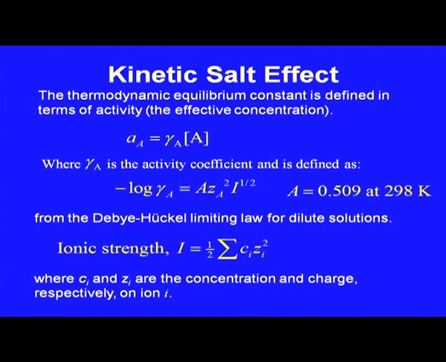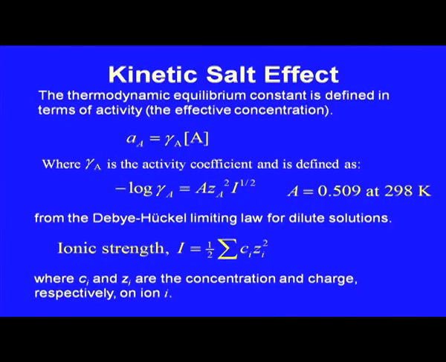Therefore whatever kinetic salt effect on ionic reactions I have discussed here is for moderate or dilute solutions. It is not applicable for concentrated solutions, because there you cannot apply ionic strength in this way, that is I equals half the summation of Ci zi squared, or log gamma equals minus A z squared root I. You cannot use that.